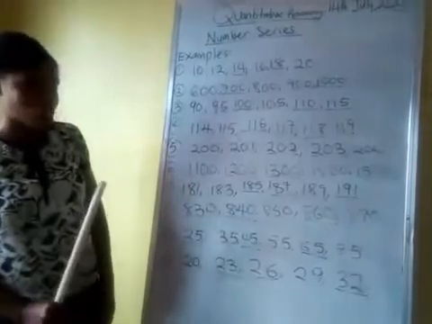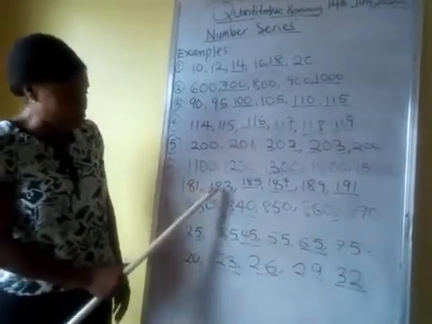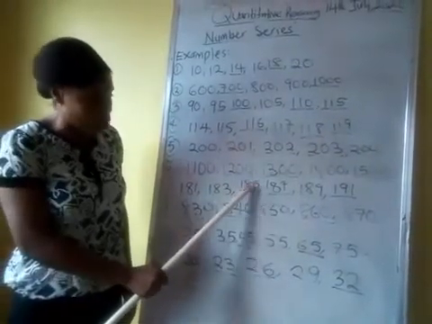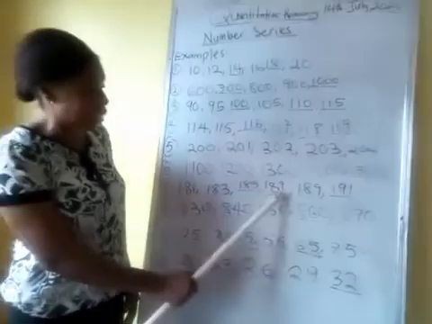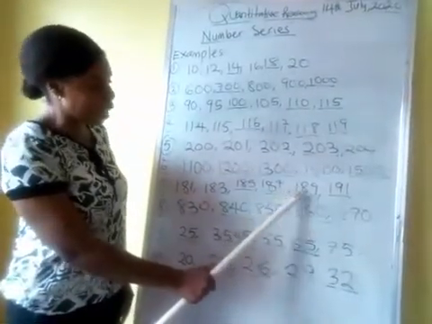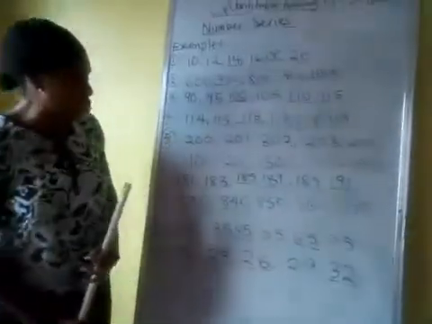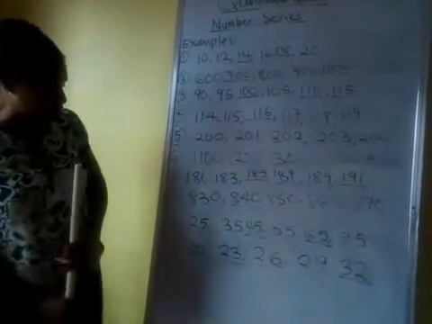The interval is 2. When you add 2 to 181, you get 183. When you add 2 to 183, you get 185. When you add 2 to 185, you get 187. When you add 2 to 189, you get 191. Those are the numbers we have when you add 2 to each of the numbers.